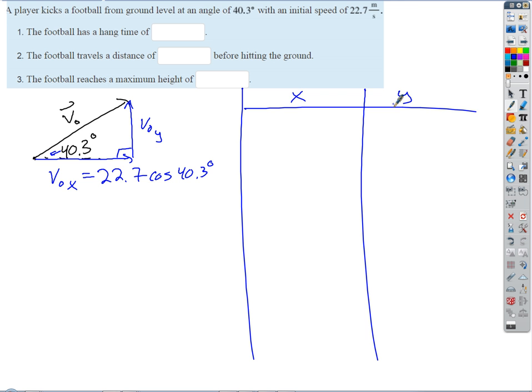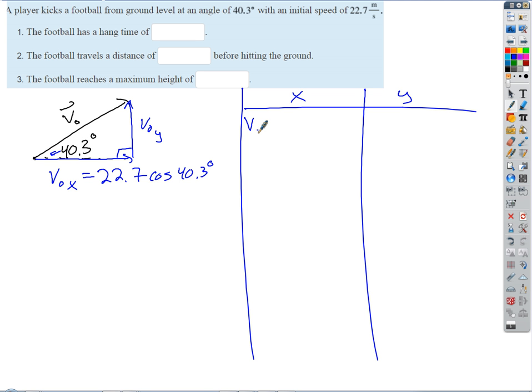So horizontally, what can you tell me, Ellie, about the horizontal component of velocity during a projectile motion problem? Something really important about it. What's the only force acting on the football while it's in free fall? And that acts vertically, right?